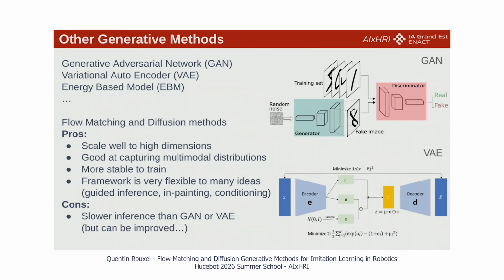Because they are so flexible, I think this is the reason why they became very popular. On the downside, they have slower inference time. To do the generation, it takes longer than with a GAN or VAE, even though, because they are flexible, as I said, there is a way to improve them, and we can make them faster if we want.